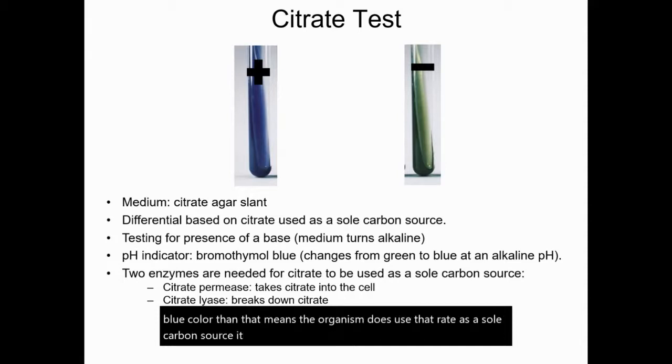It has citrate permease, which takes citrate into the cell, and it also has citrate lyase, which then allows the organism to break down that citrate and extrapolate those carbons.